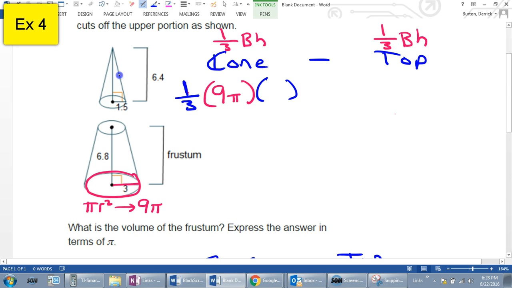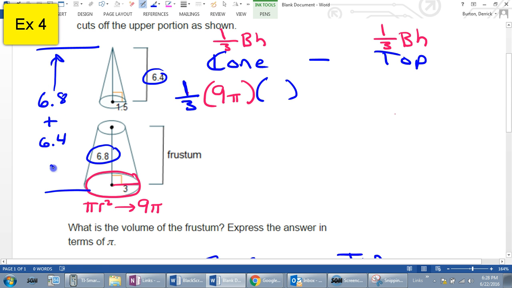The height of the big cone, alright, is like from here all the way to here. So we've separated it into two pieces, 6.8 and 6.4. So it's just a matter of adding those together, 6.8 plus 6.4.